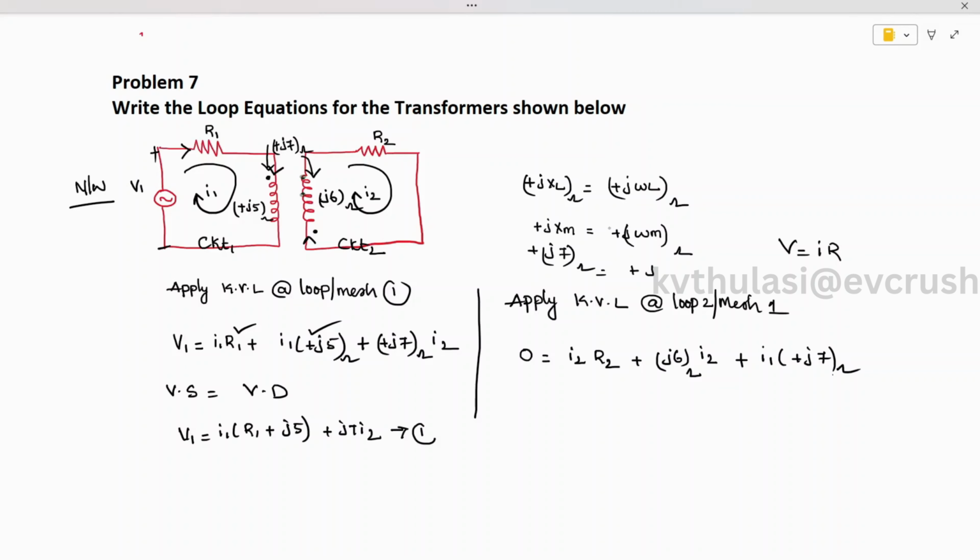This will act as equation number 1. So 0 is equal to, let's write the I1 term first, which is I1 j7 ohms. Here take I2 as a common term, then you are going to get R2 plus j6. Let's take this as equation number 2.